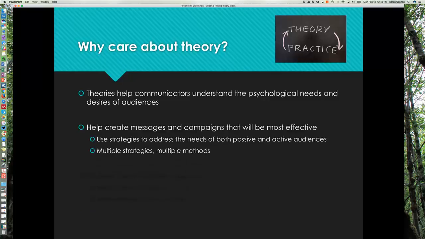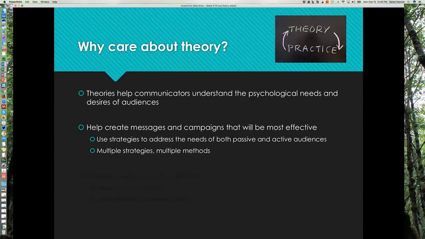Effectively, these help us create the best, most targeted messages and campaigns possible. We can address active audiences, people who are fully engaged with our organization, but it also can meet some of the information needs of people who are more passive or not so in tune with our organization. It also helps us identify multiple different communication strategies and methods.